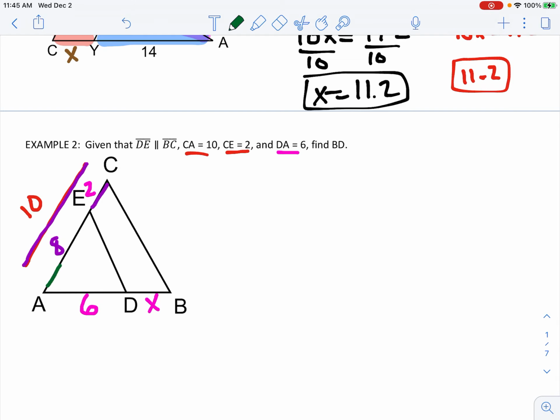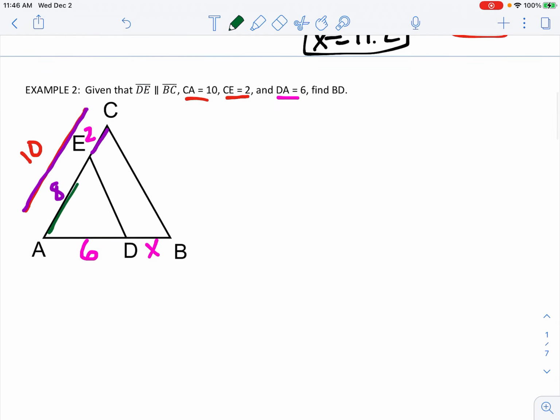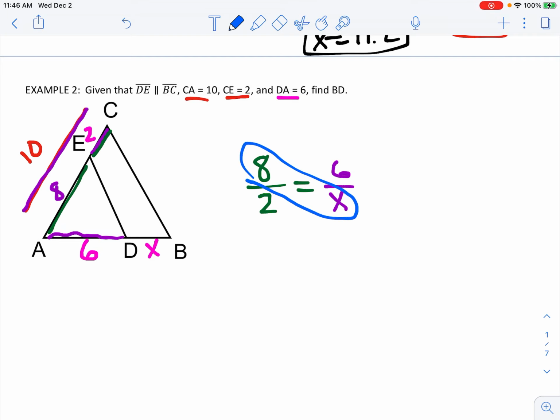So let's say I work this side first. I started with 8 first, and then I went over the 2. If I did that, then I want to go back to my other side and stay with the same pattern: 6 over the X. Now I'll cross multiply and solve this. 8 times X will give us 8X, equals 2 times 6, which will give us 12.